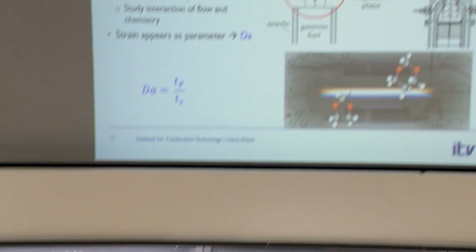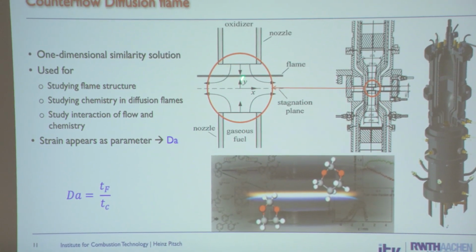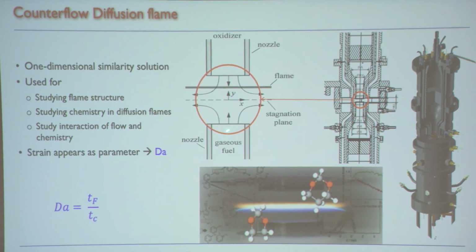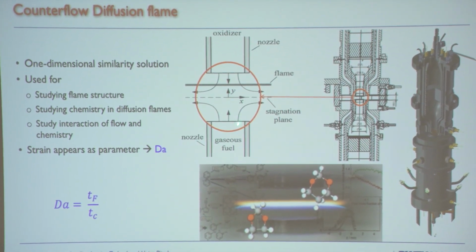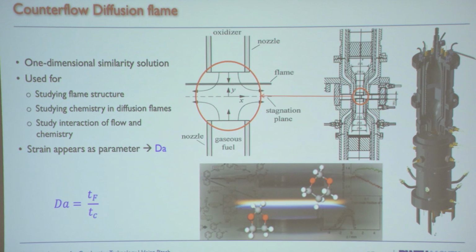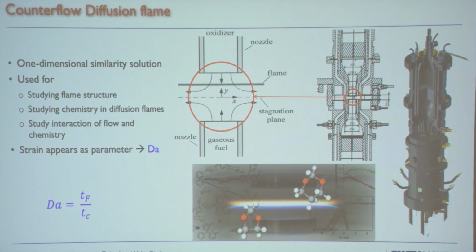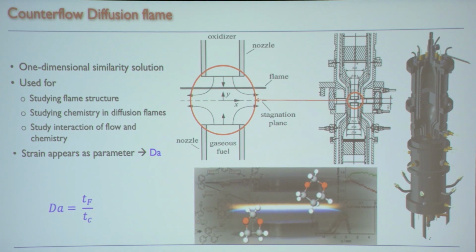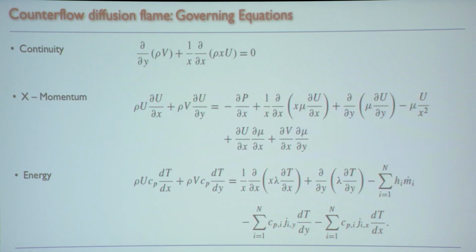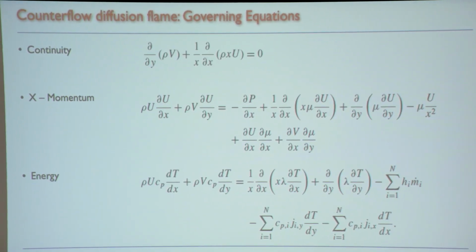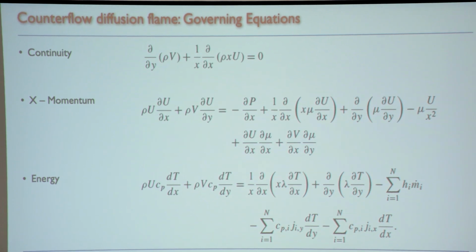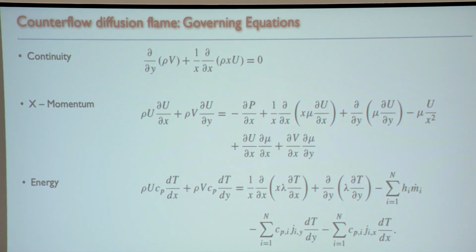You see, you have a stagnation region here, a stagnation plane, and the streamlines go outside like this. This is not 1D, okay? So this is 2D. If it's rotationally symmetric, it's still 2D. So that's a problem, because 2D simulations with detailed chemistry are very, very expensive. And so 1D is better.